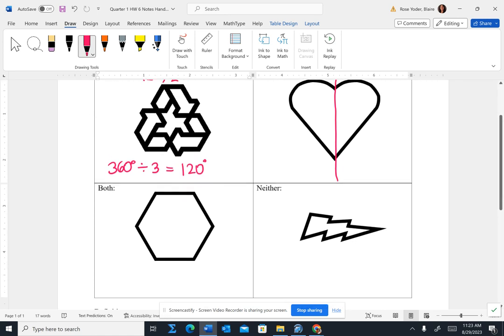If we scroll down, the hexagon is an example of both because I can rotate 1, 2, 3, 4, 5, 6 times before I get back to where I started. So the rotational symmetry is 360 degrees divided by 6.